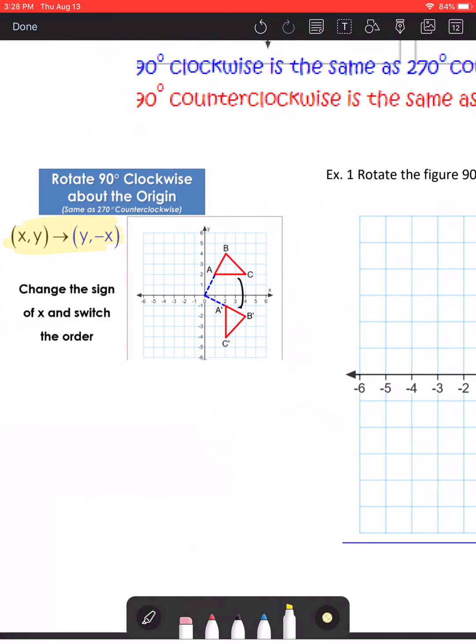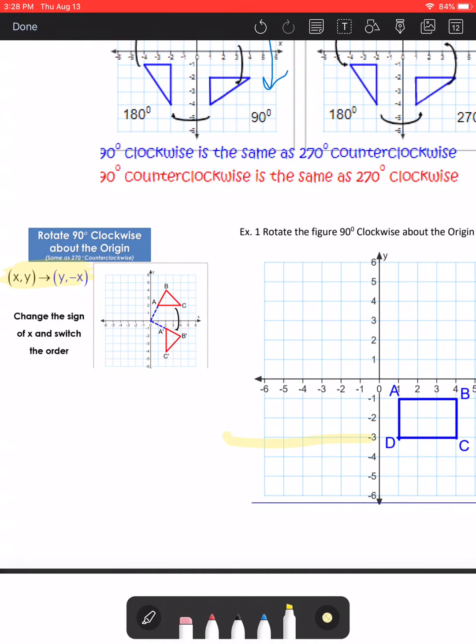So x and y change positions and our x value is negated. For a 90 degrees clockwise rotation about the origin, the rule is x and y swap positions and x is negated. All right, so knowing that, let's look at example 1.